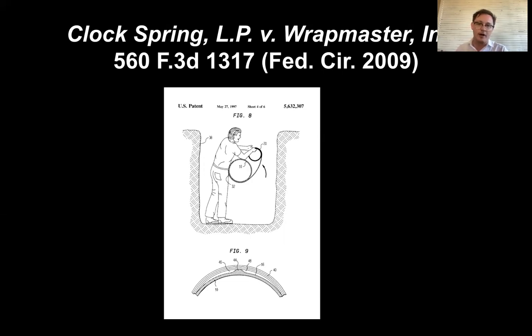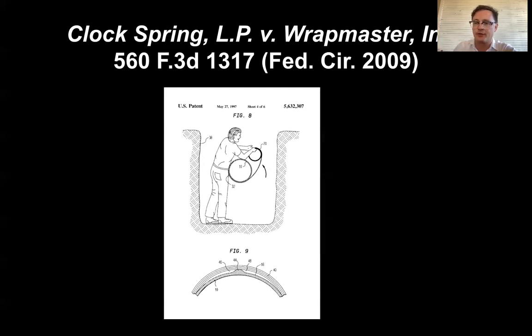So what happened here? Klopfenstein and Wrapmaster are both in the business of doing maintenance, essentially, on oil pipes. And Klopfenstein has received a patent on a particular method of repairing oil pipes by wrapping them with a filler material while that material is still workable.